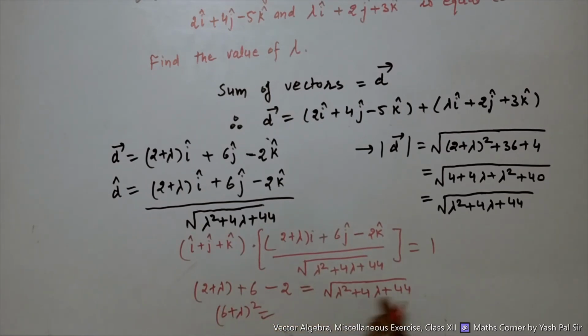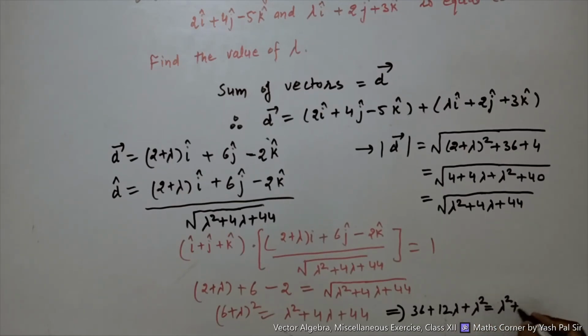On the right side the square root will be cancelled after squaring, so lambda square plus 4 lambda plus 44. Now this implies 6 plus lambda whole square means 36 plus 12 lambda plus lambda square is equal to lambda square plus 4 lambda plus 44.